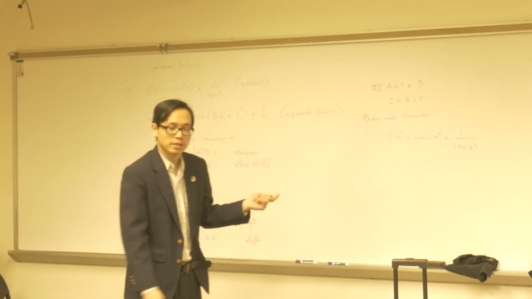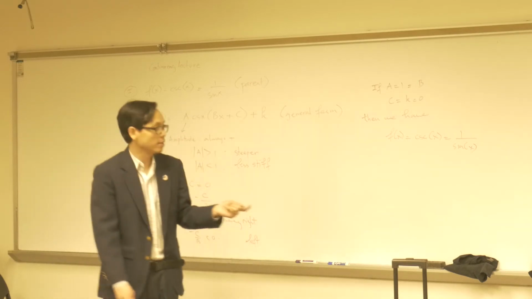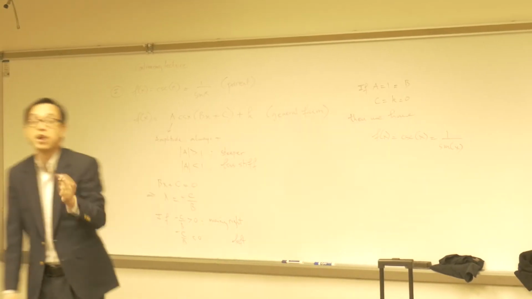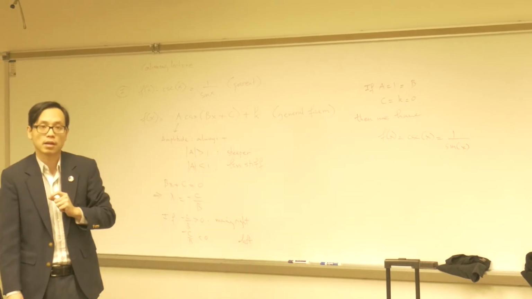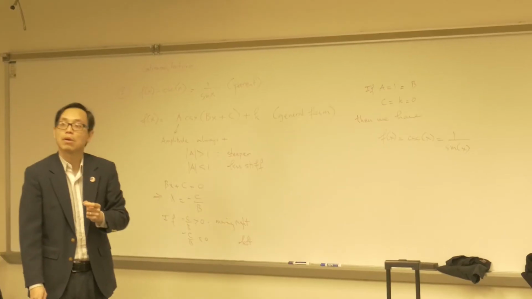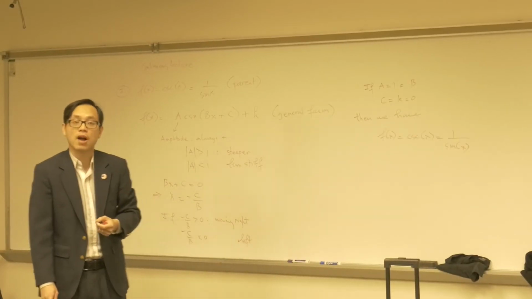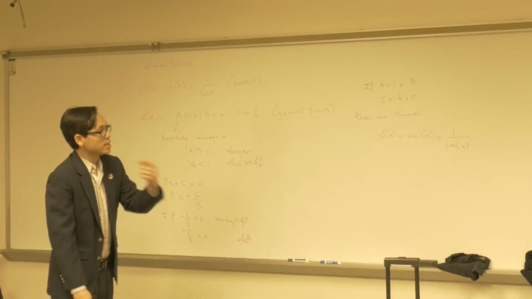Because it's a rational function, or I can say it's in fractional form, the denominator in this case will be sine of x, and it cannot be 0, because you cannot divide by 0.